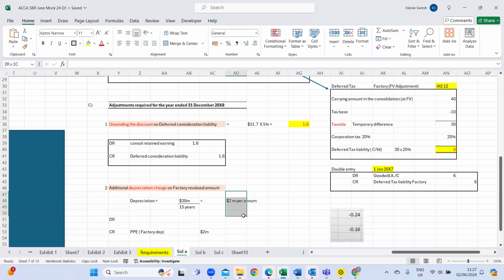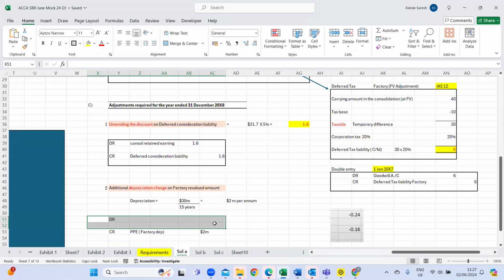This depreciation is related to the subsidiary's factory, so it would reduce the subsidiary's profit. NCI would also need to suffer this loss. It is not only for the parent.